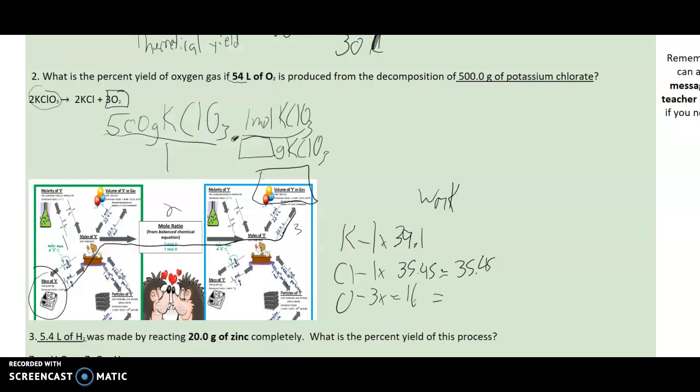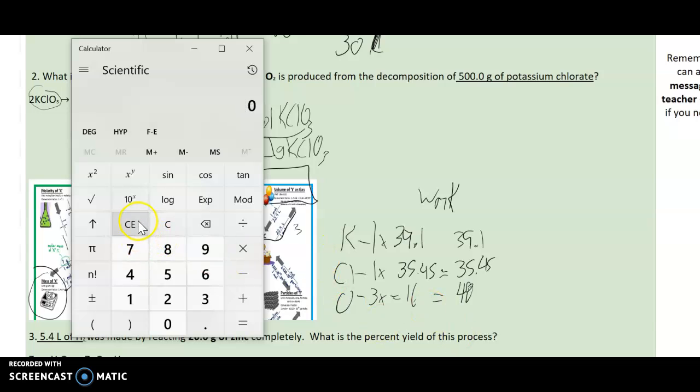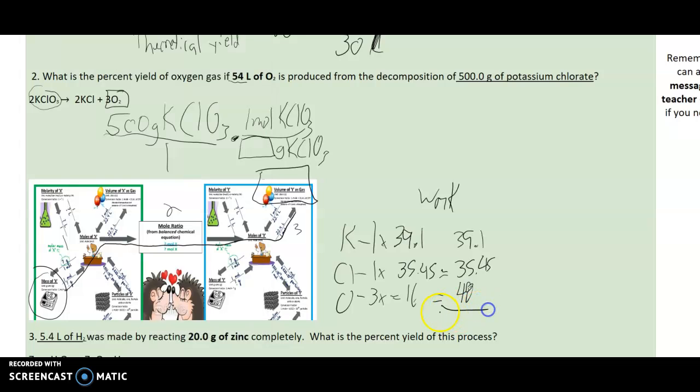Now I gotta add all 3 of these things together: 39.1 plus 35.45 plus 48 equals 122.55. And now I know what to put in here: 122.55. Sweet. So checked off this step.